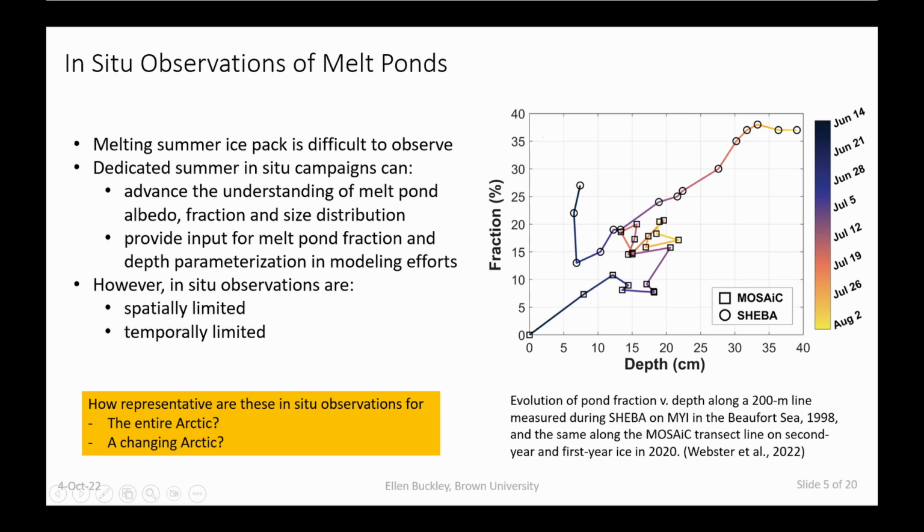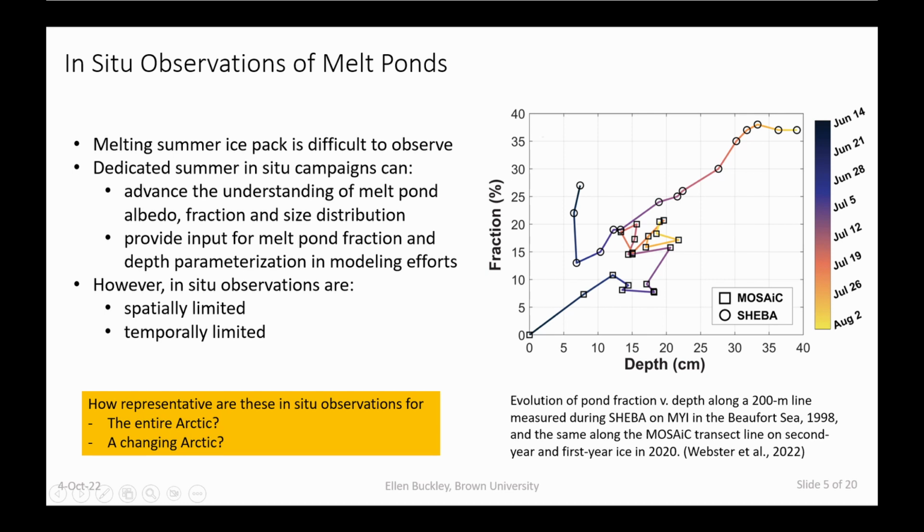Depth is increasing and fraction is going all over the place, not really that nice linear relationship that was used to parameterize these models. So we're thinking about how these in situ observations are actually representative in time and space across the Arctic, especially since the Arctic is changing; these two studies were 22 years apart.